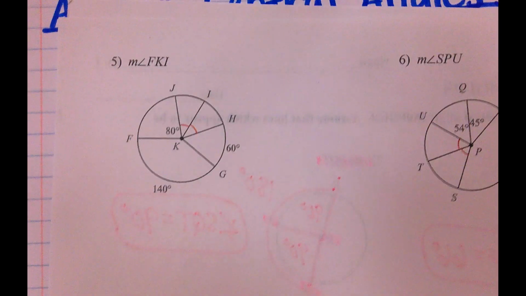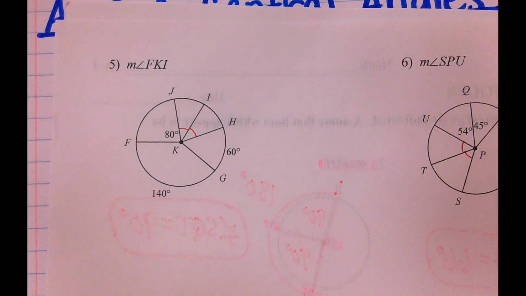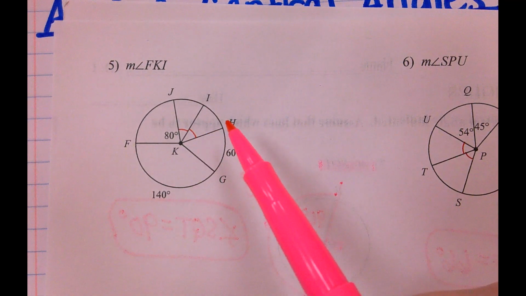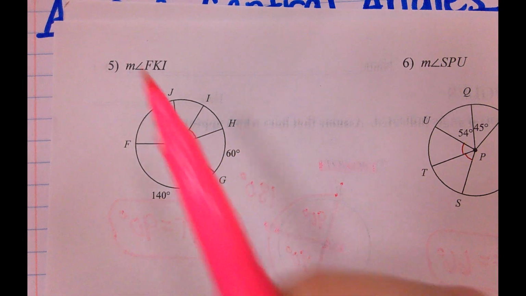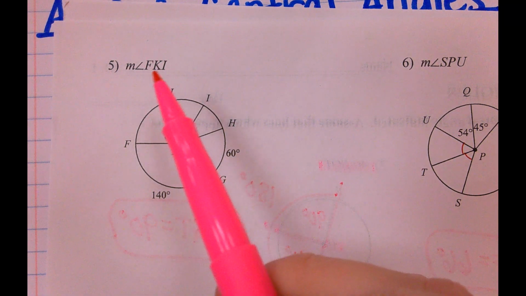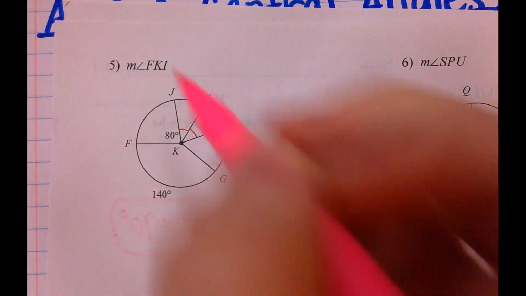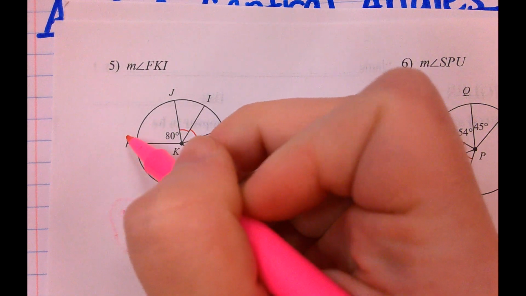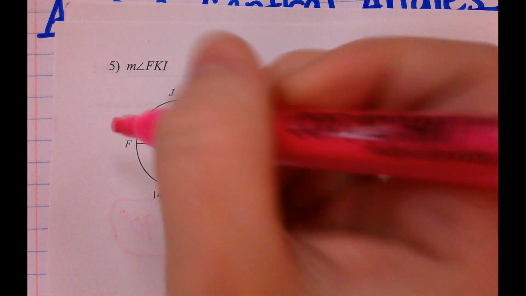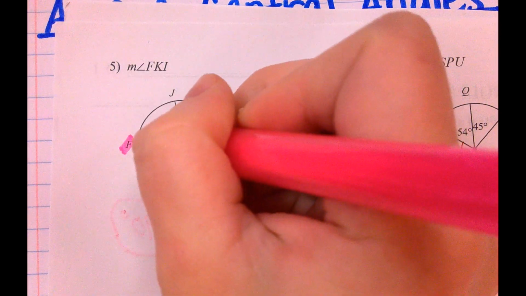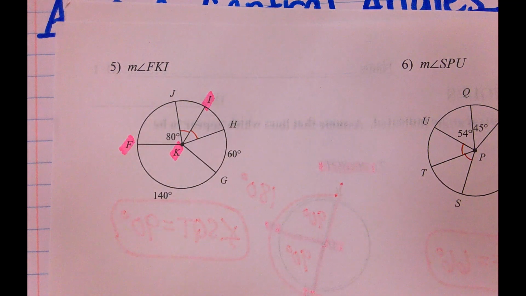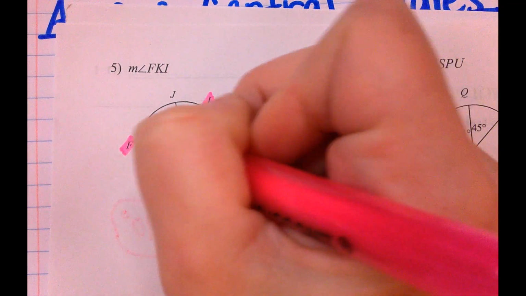So we have some different things happening in number 5. First of all, we want to find the angle FKI. So let's highlight what we're going to need.